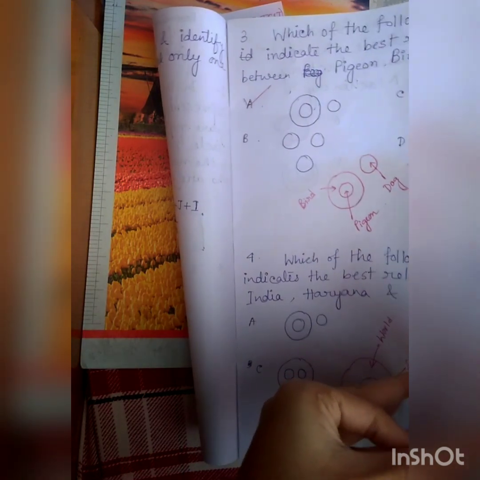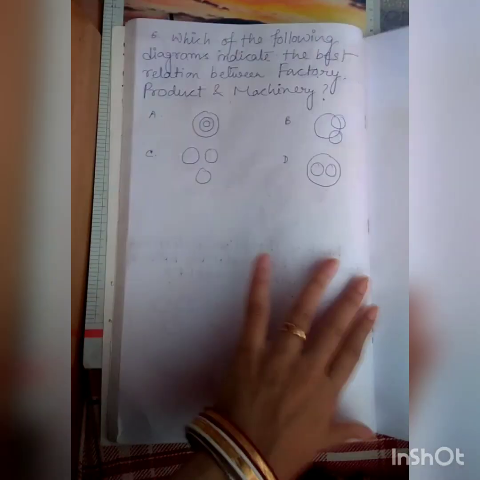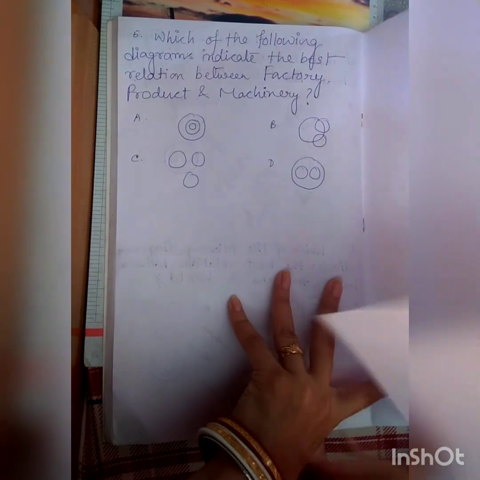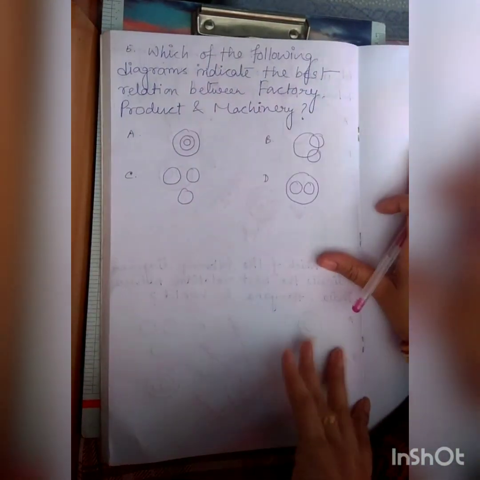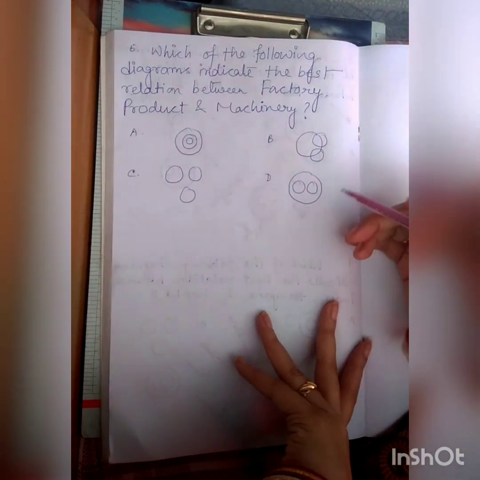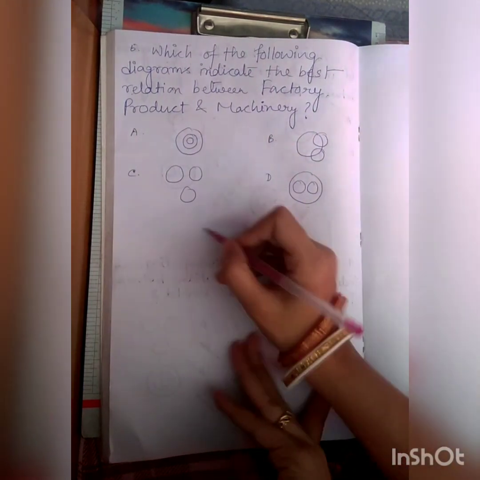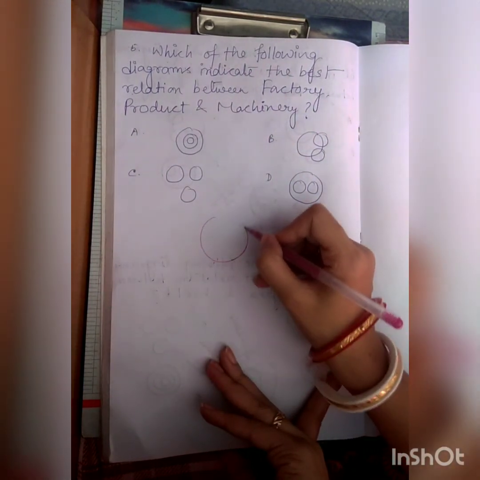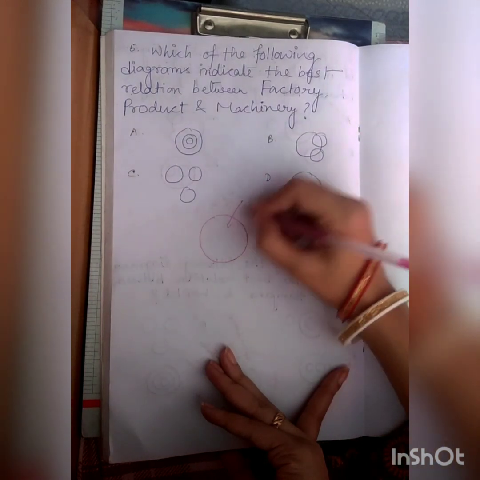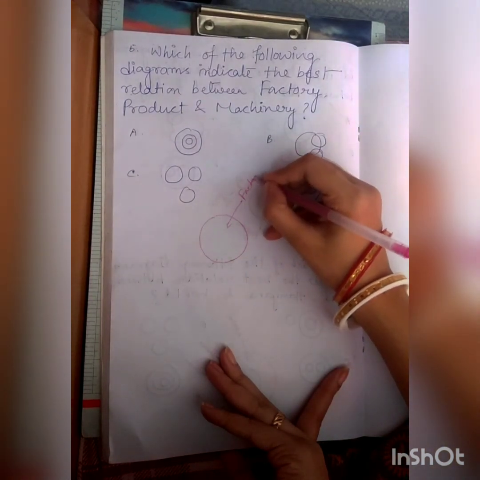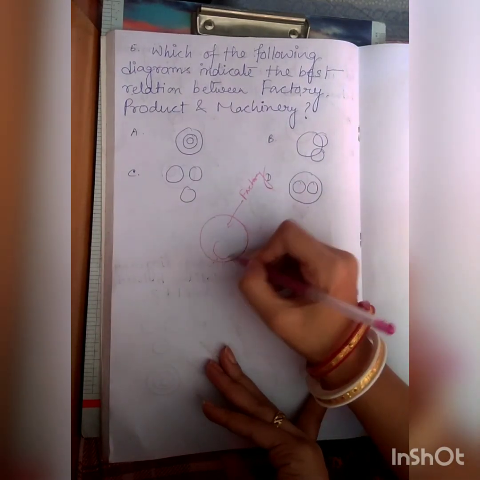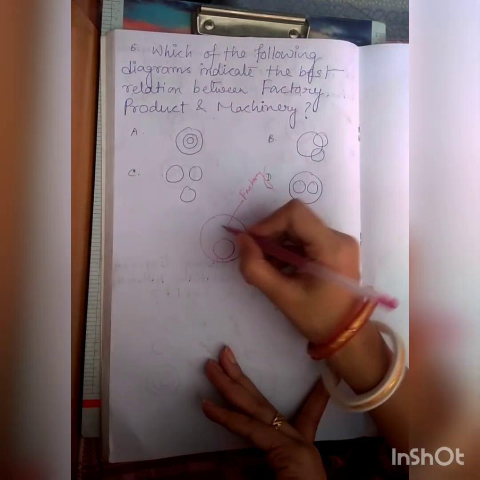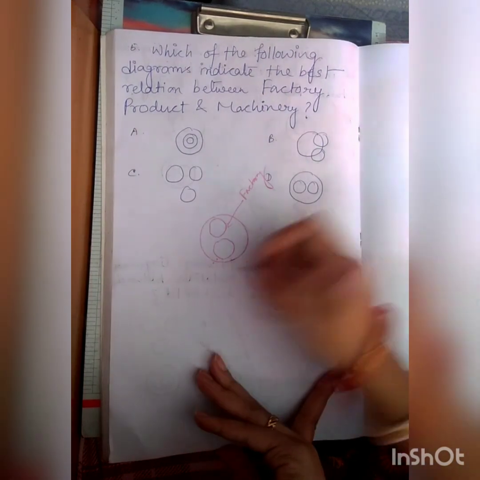Now in the next question it is written, which of the following diagrams indicates the best relation between factory, product and machinery? Factory, product and machinery. So if we take factory in this way, if this big circle is representing factory, product is just a part of the factory and machineries is also a part of the factory.